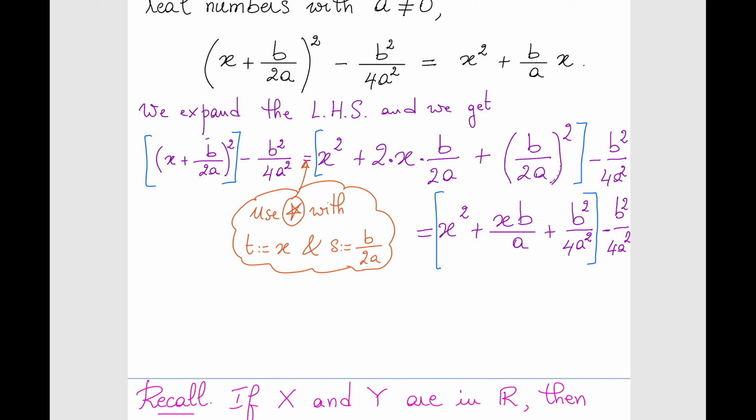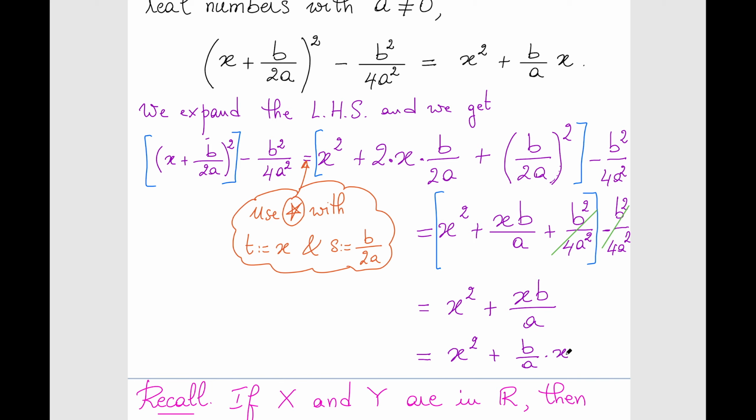And let's color this in a different color. How about green? So they knock each other out, and you get x squared plus xb over a. And what's xb over a? Isn't it b over a times x? So that's the same as x squared plus b over a x, right?